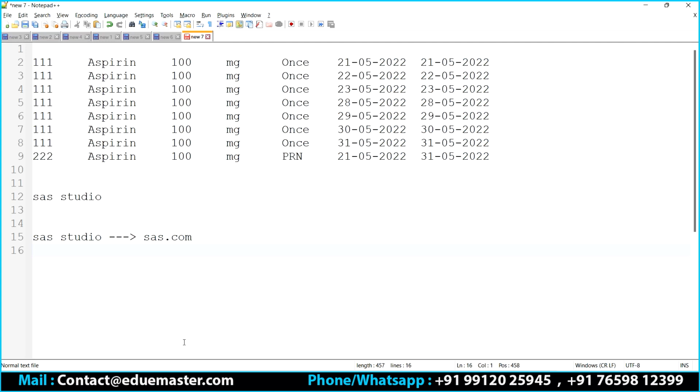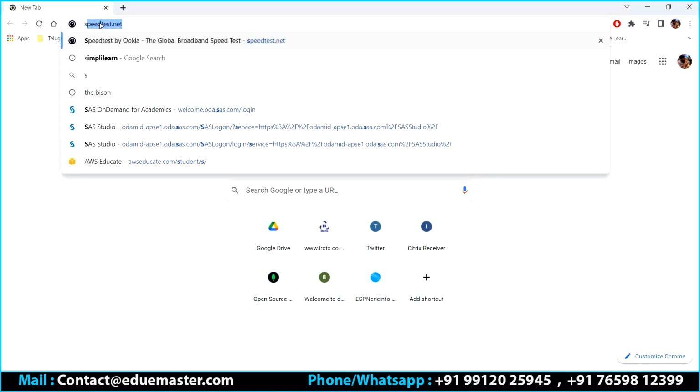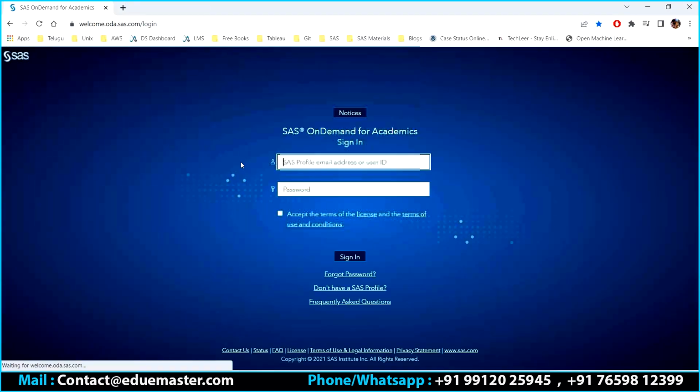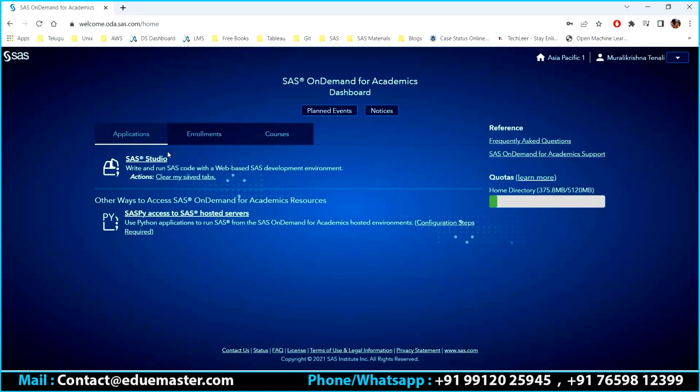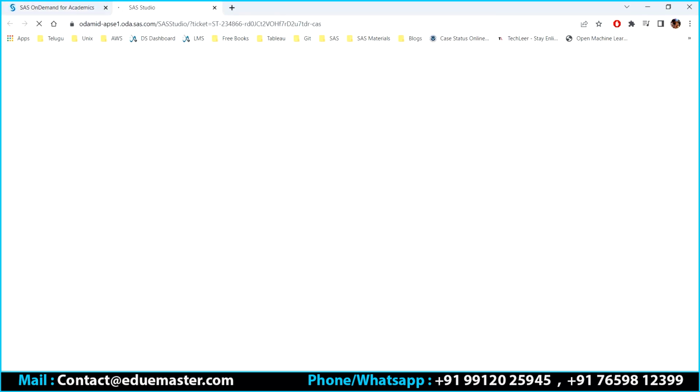Wonderful, wonderful. Because with this one, you don't have any issues. It is the most advanced one, and SAS is providing this. It is a cloud-based solution. No pirated versions, nothing.